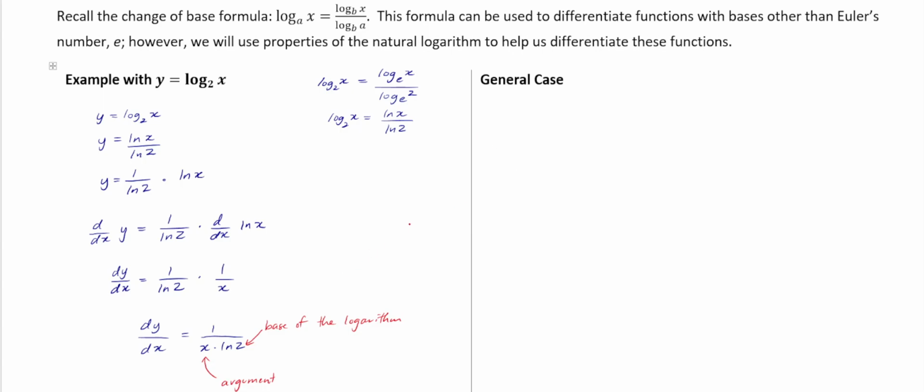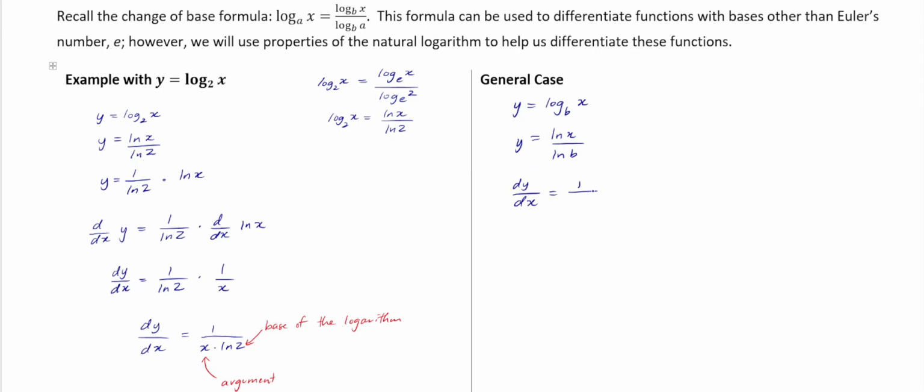So the general case for this can be done as follows. Find the derivative when y is equal to log base b of x. Again, I can just rewrite this using the change of base formula: y is equal to ln x all over ln b. And then I take the derivatives of both sides.